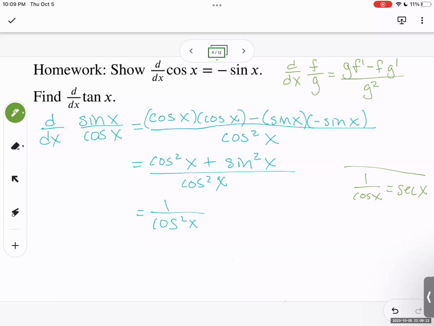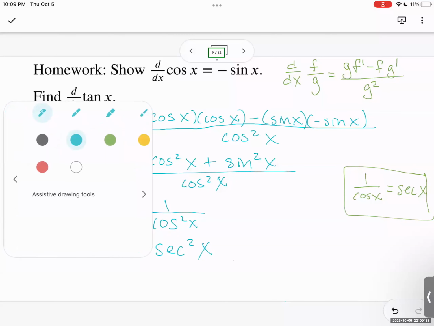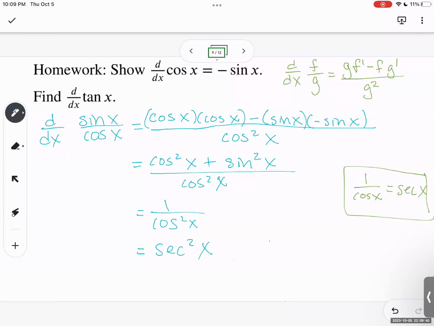So using the fact that 1 over cosine x equals secant x, we have 1 over cosine squared x is equal to secant squared x. So the derivative of tangent, tan x, is secant squared x.